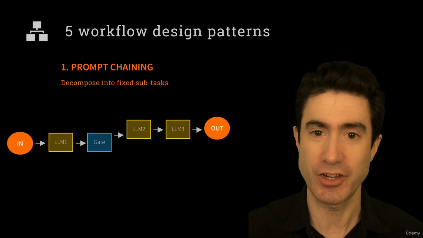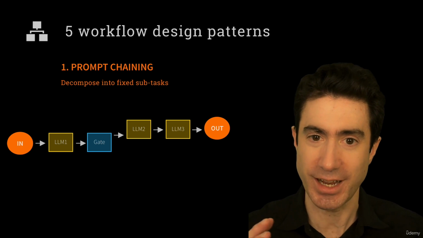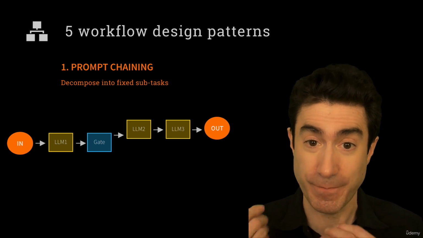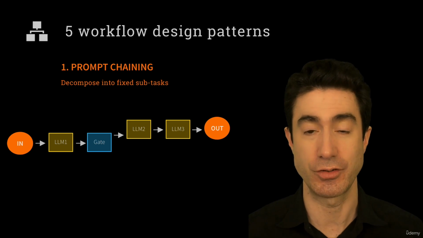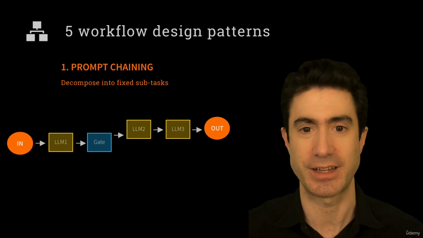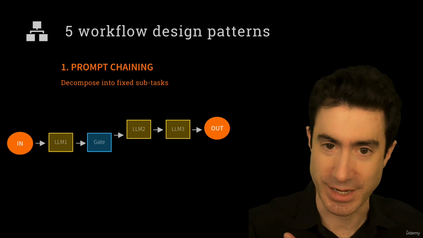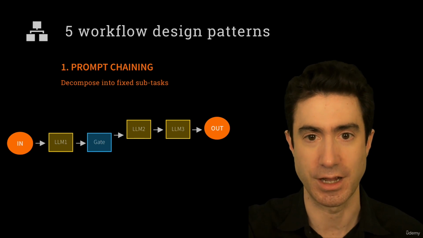And the reason you might want to do that is because you can take care to frame each LLM call very precisely to get the most effective LLM response based on that prompt. So it allows you to really work on each of those tasks being very effective, and then keep your whole process, your workflow, on guardrails by taking it step by step through a sequence of well-defined tasks.